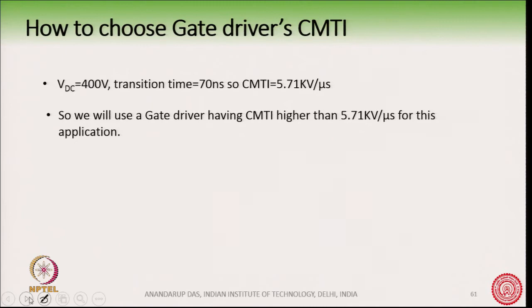Suppose, for example, VDC is 400 volt and the transition time is about 70 nanosecond. So, CMTI is 400 volt divided by 70 nanosecond, which is 5.71 kV per microsecond.